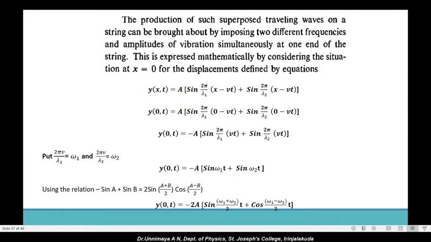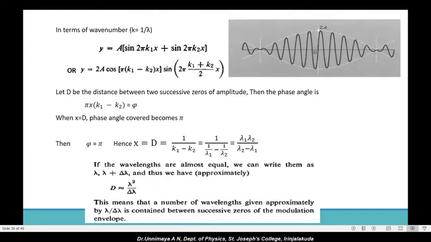In practice, such superimposed travelling waves can be produced by superimposing two different frequencies and amplitudes of vibration simultaneously at one end of the string. So here we discuss the theoretical case.